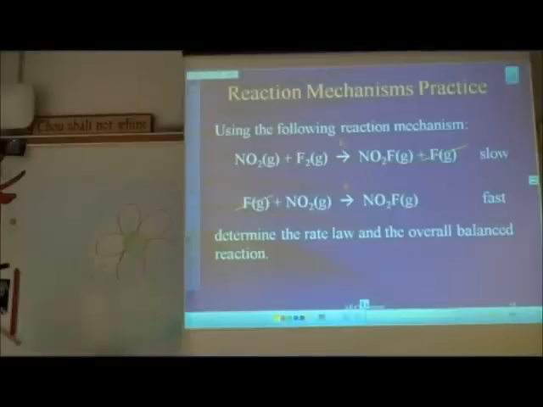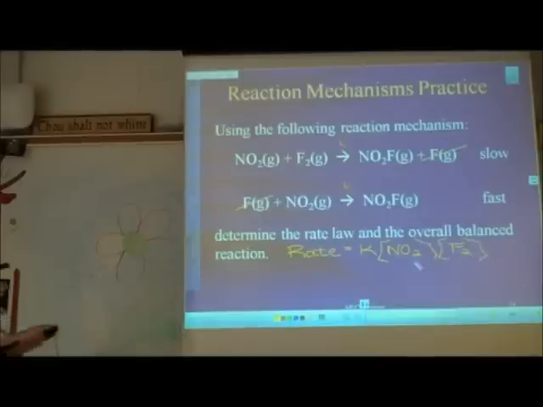The rate law. Write a rate law using the coefficients as the exponents. Please tell me what the rate law for this slow step would look like. Rate equals what? k times NO2 to the first power, F2 to the first.